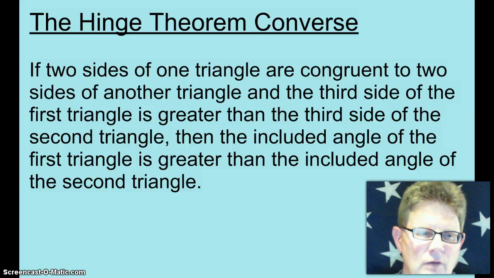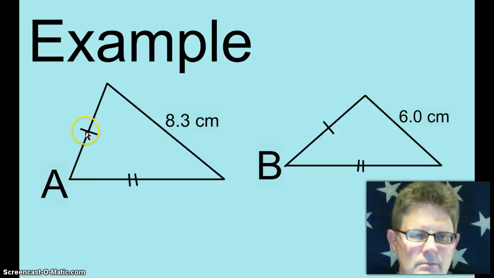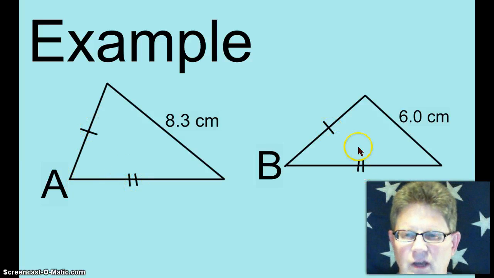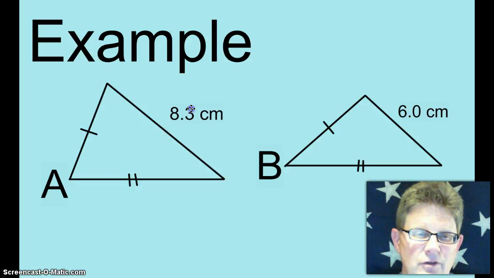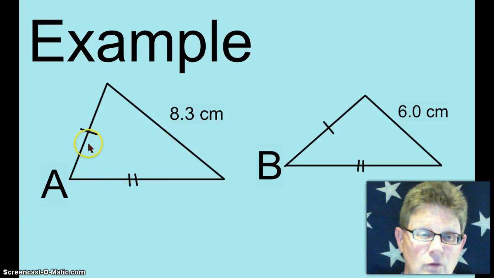the Hinge Theorem Converse. Once again, we have two sides of one congruent to two sides of another, and this time this side right here is less than this side. The third side, one's bigger than the other. Okay, that means that this door has been opened more.